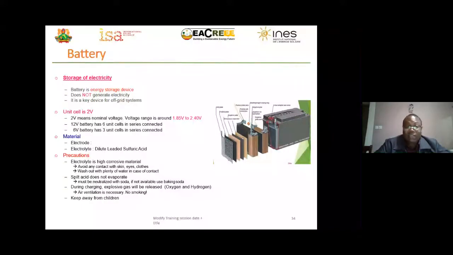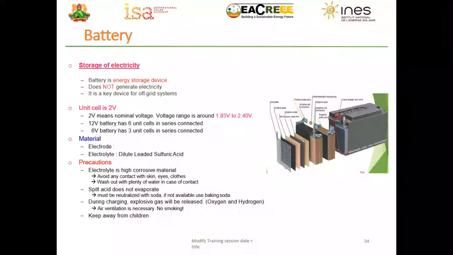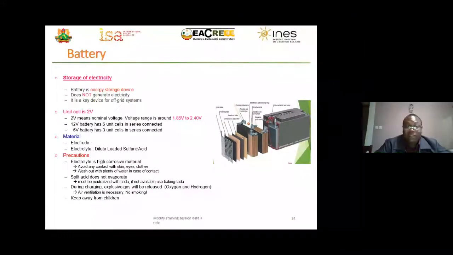And when in contact with eye, skin, or cloth, quickly wash with plenty of water so that you minimize the damage. Usually, acids never evaporate, so when the electrolyte level in your battery goes down, it does not mean that the acid level has gone down. What you need to do is top up with distilled water and continue using it.